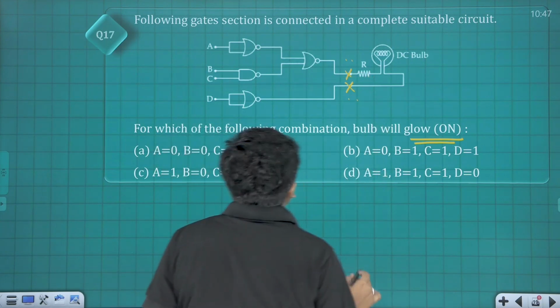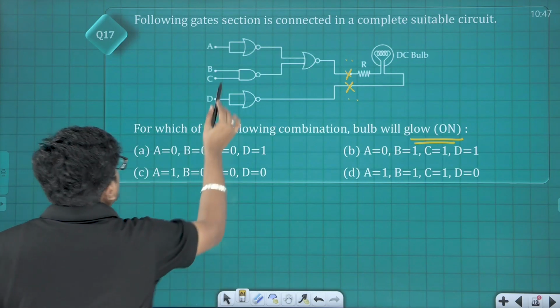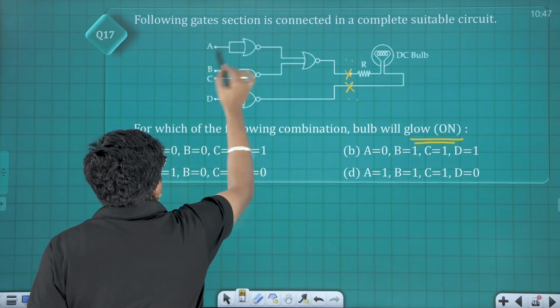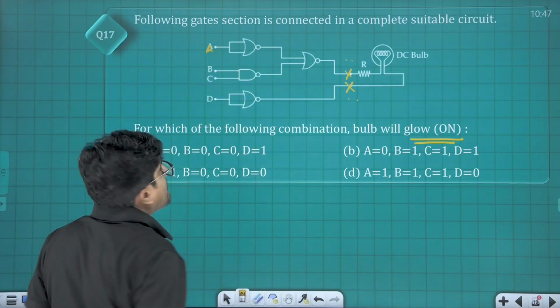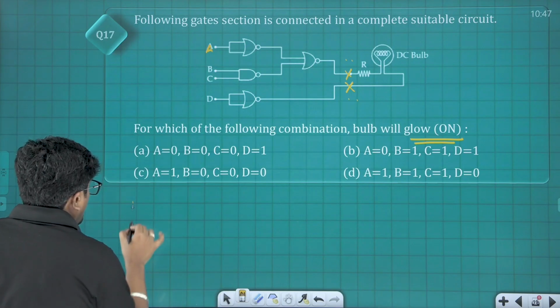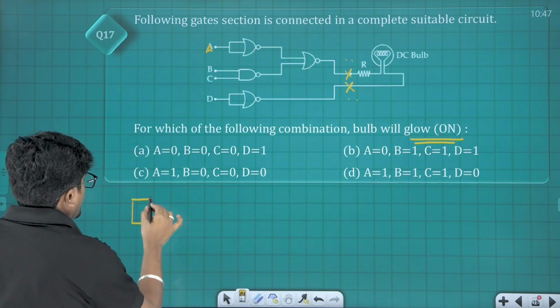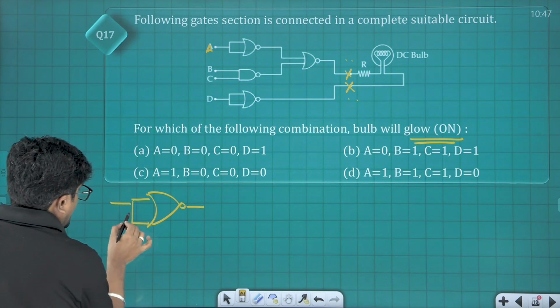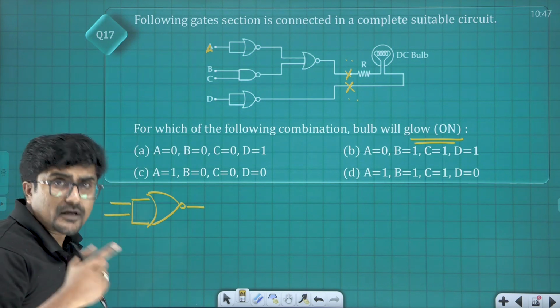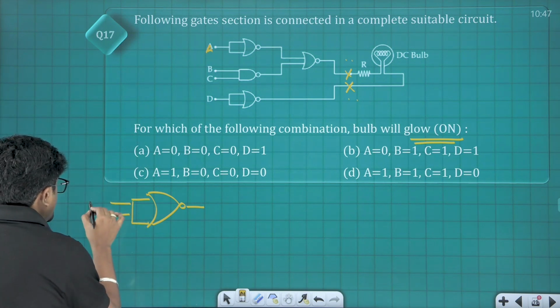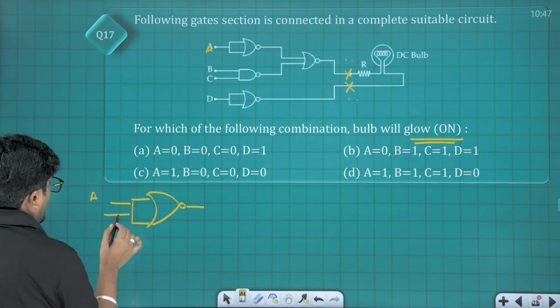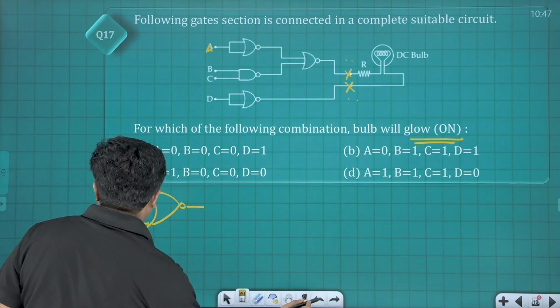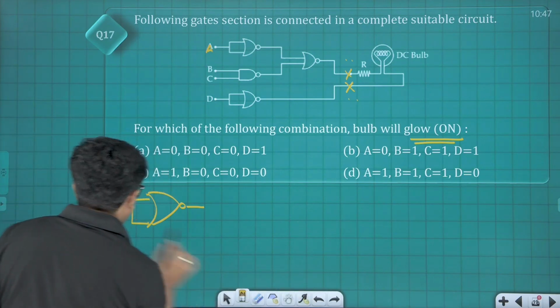Alright, fine. Now let's understand the inputs here. Here this is A, and what we have there is a NOR gate. We need to mark it like this.